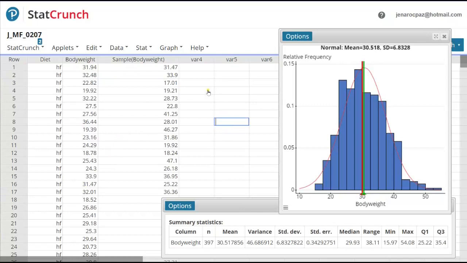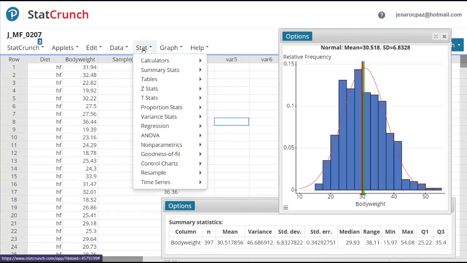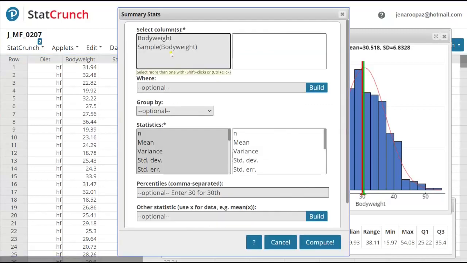Now, let's go to Stat, Summary Stats, Columns, and I'm going to select Sample Body Weight.